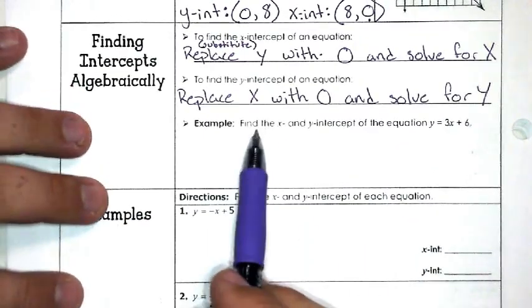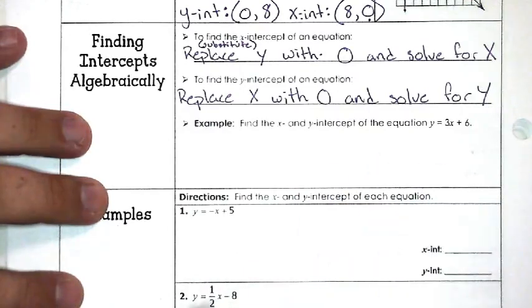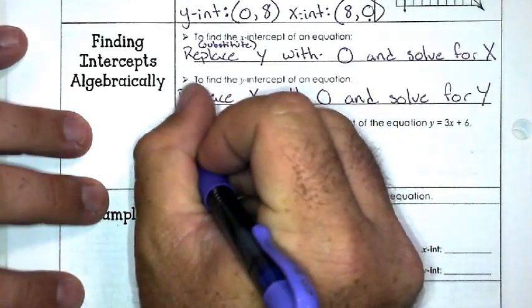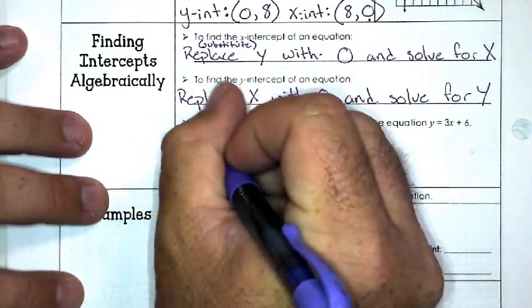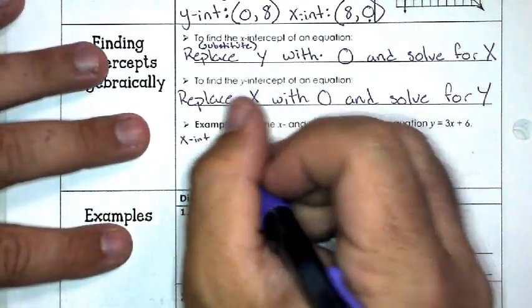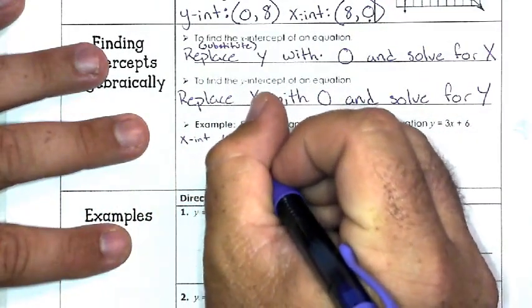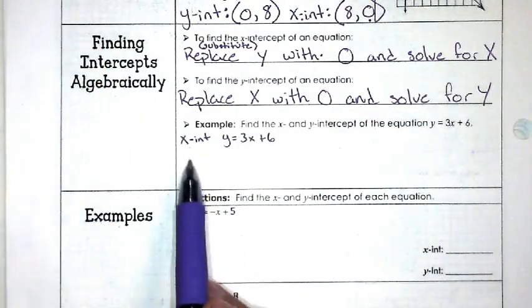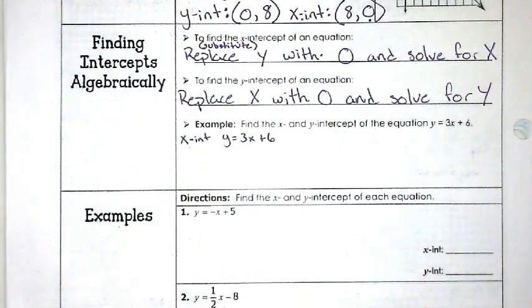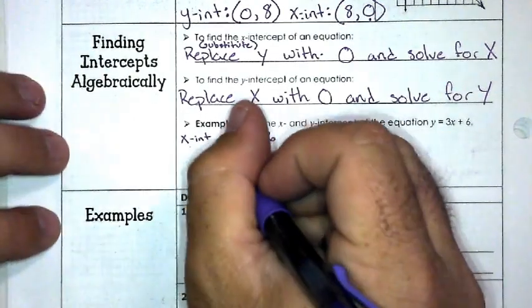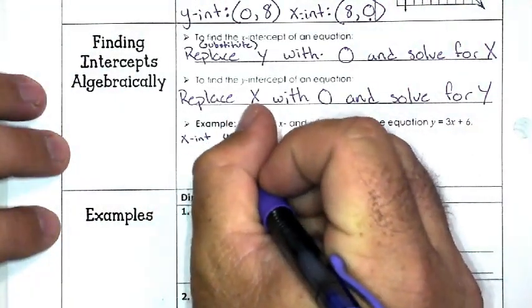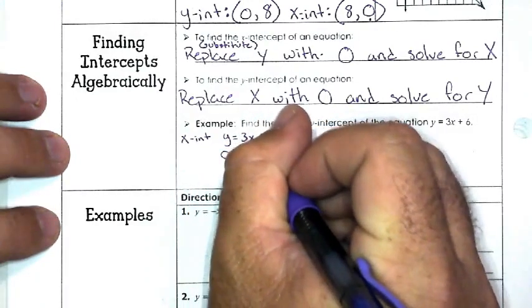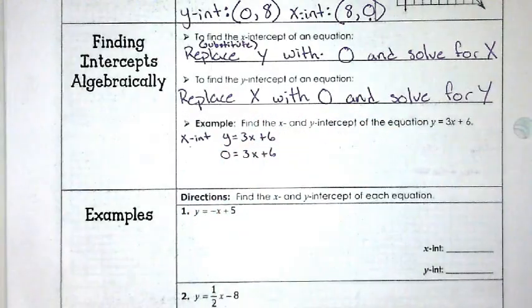So an example here, find the x and y intercept of the equation. Let's find the x-intercept first. I'm going to take the equation y equals 3x plus 6. I want to find the x-intercept, which means y must equal what? 0. So instead of y, I put 0 equals 3x plus 6.